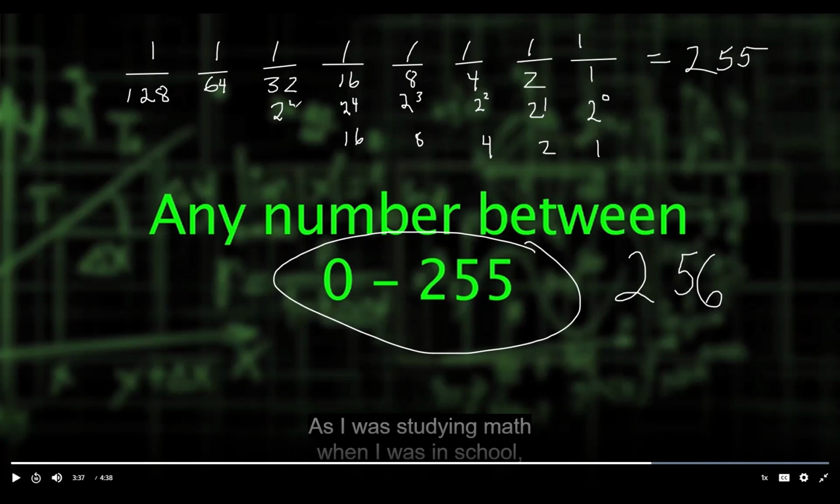This is 2 to the fifth power, which is 32. 2 to the sixth power is 64. And finally, 2 to the seventh power is 128, right? So there's powers of 2.